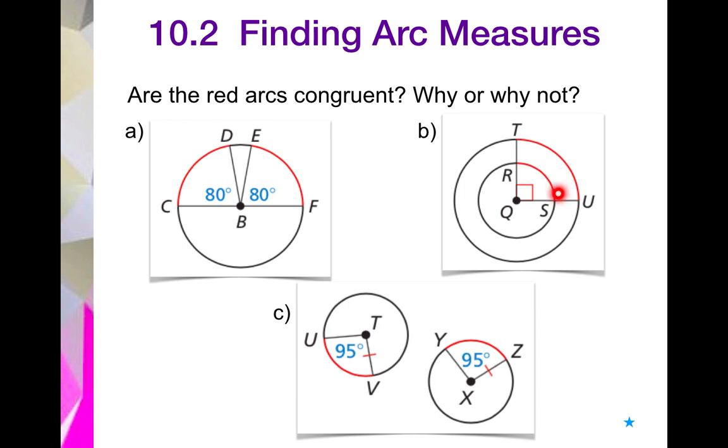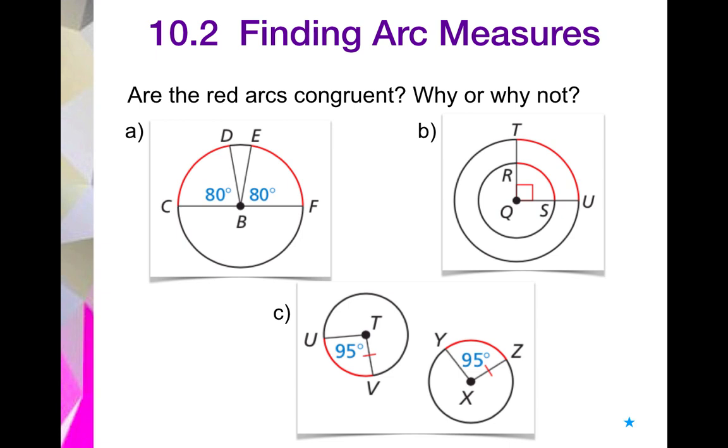On B, we have an arc here and an arc here, two different circles, but they're concentric circles because they have the same center, and the central angle is the same. So then you can use a theorem to either prove that these are congruent or not.